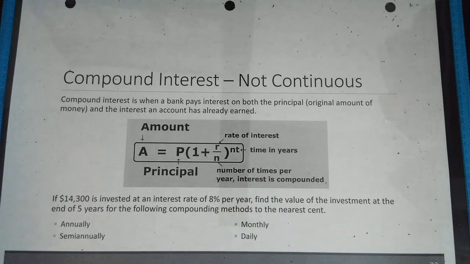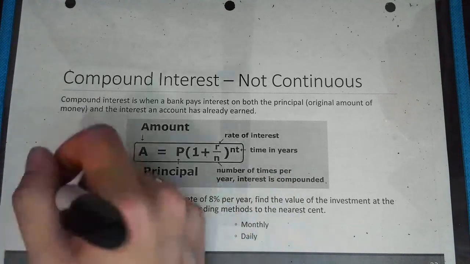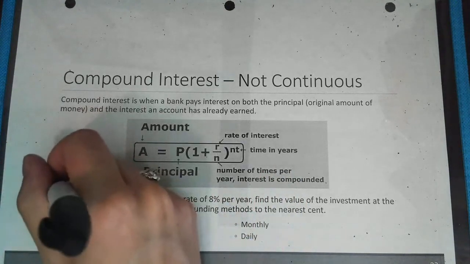So they want to know if $14,300 is invested at an interest rate of 8% per year, find the value of the investment at the end of 5 years for the following compound methods to the nearest cent. I'm going to start by dissecting this and figuring out what each of my variables are. I'm trying to find how much this is worth, so I'm trying to find my A value.